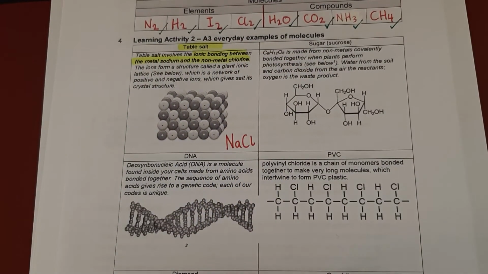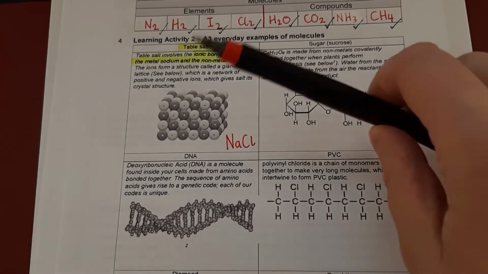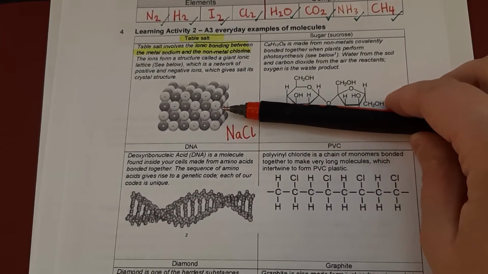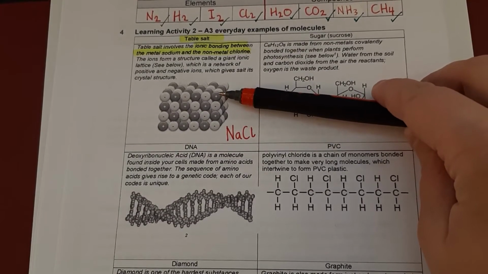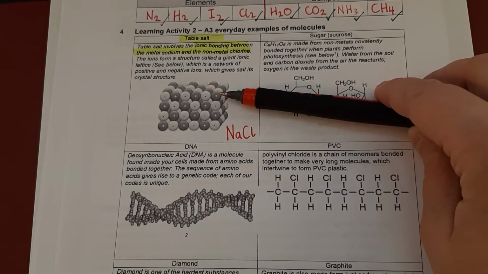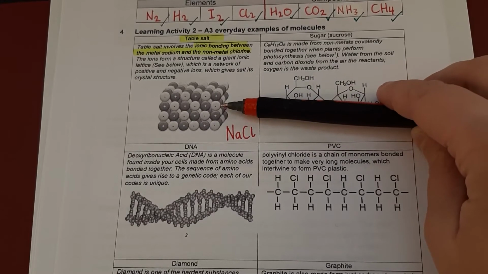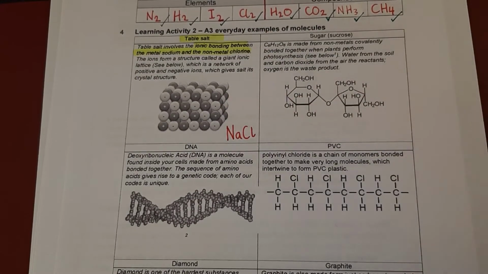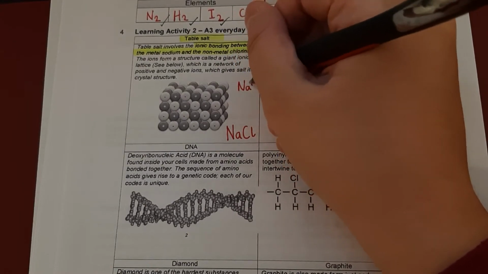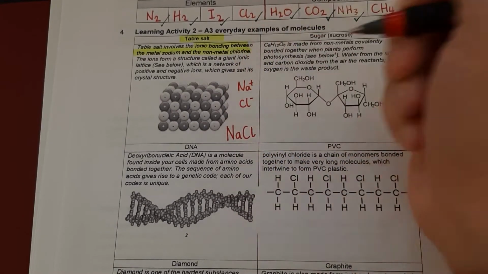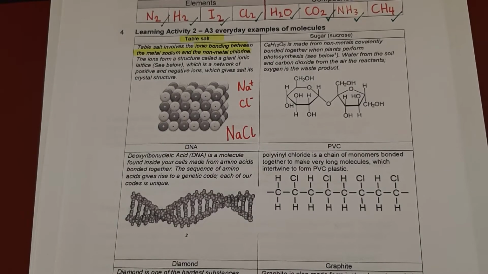In fact, you can see in this diagram, the structure here is an alternating arrangement of positively charged ions, which is the sodium ion, and negatively charged ions, which is the chloride ion. So it's Na plus and Cl minus are the 2 ions that we see.